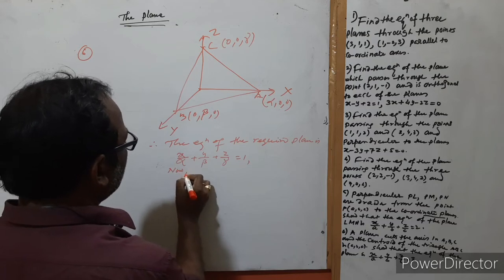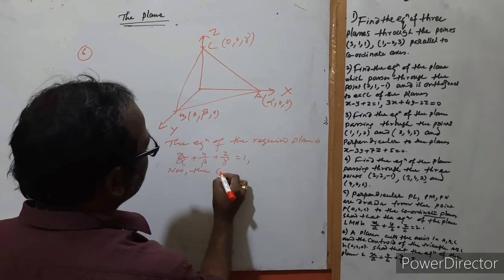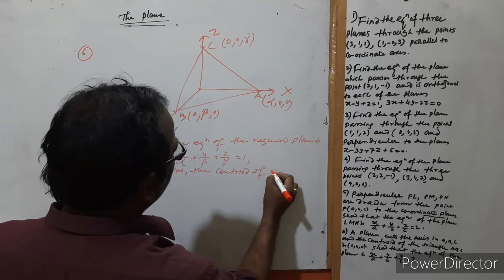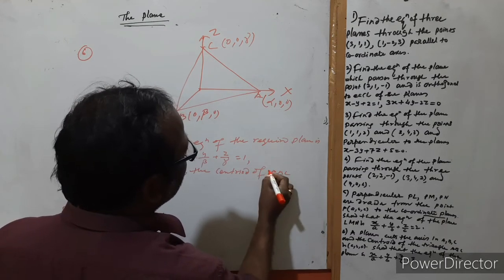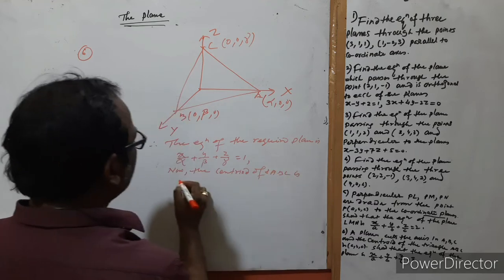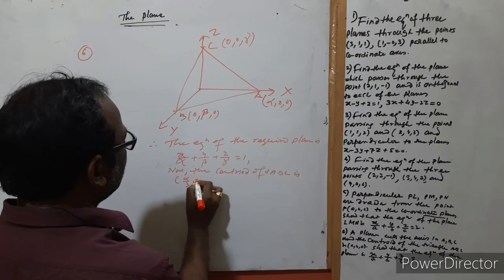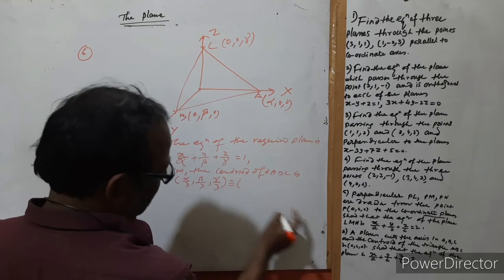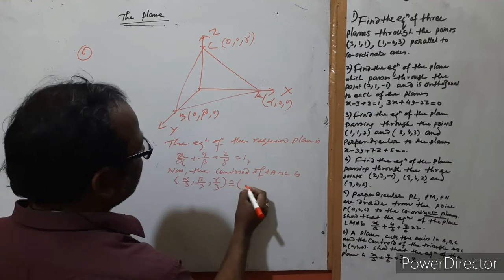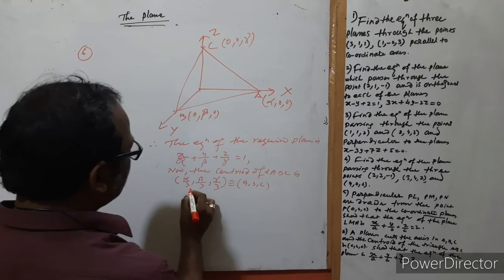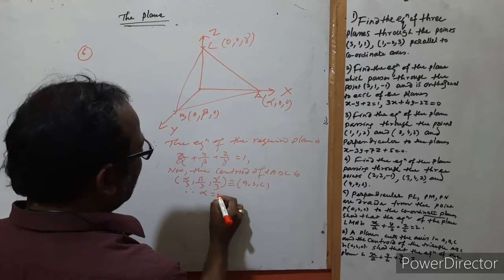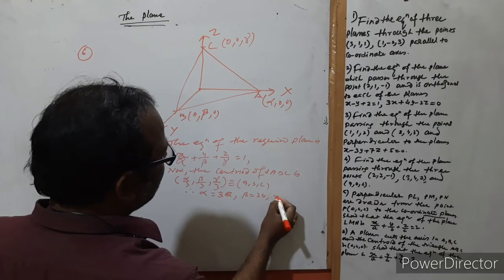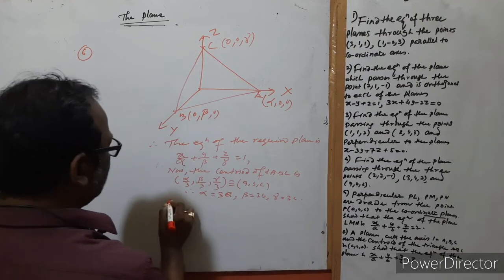Now, the centroid of ABC is (alpha by 3, beta by 3, gamma by 3), and that is equal to the given (a, b, c). So you can easily find that alpha is equal to 3a, beta is equal to 3b, and gamma equal to 3c.